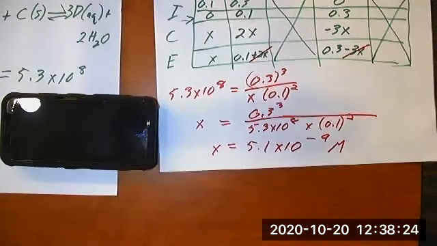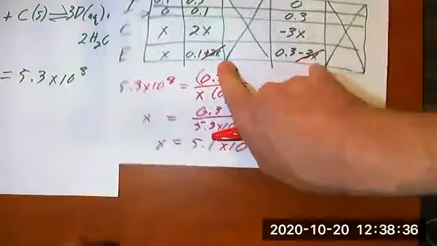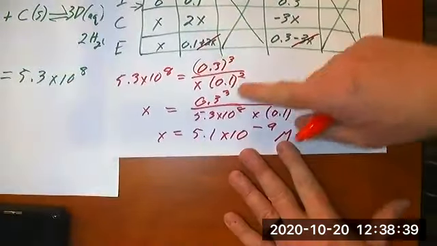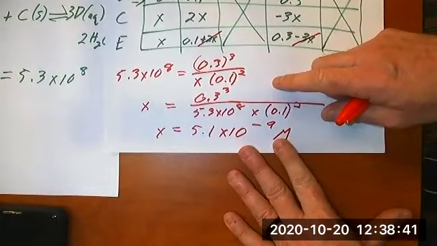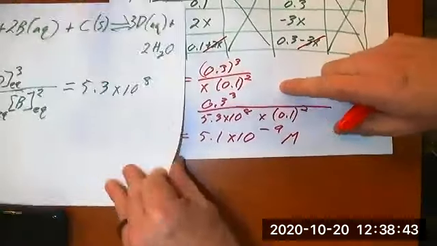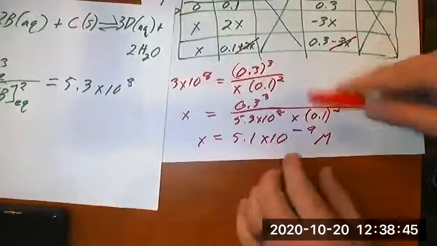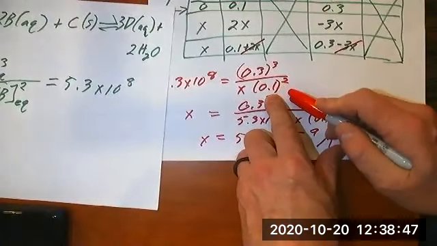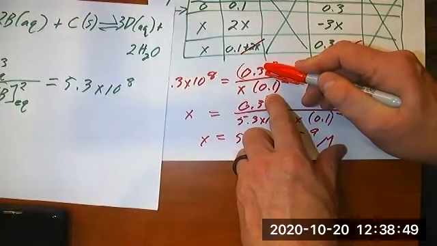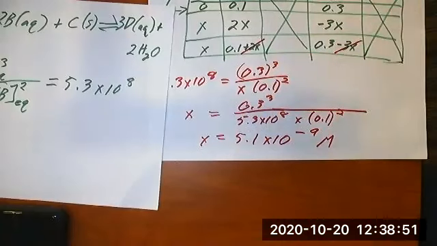Yes? I just want a refresher as to why you didn't include the plus 2x and the minus 3x. Sure. So the idea there is that we can include it if we wish to. It's just that if we do so, then we're going to be squaring something with an x, and cubing something with an x, and we'll end up with an unwieldy polynomial that's difficult to work with.